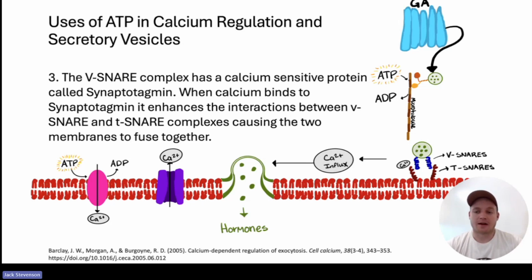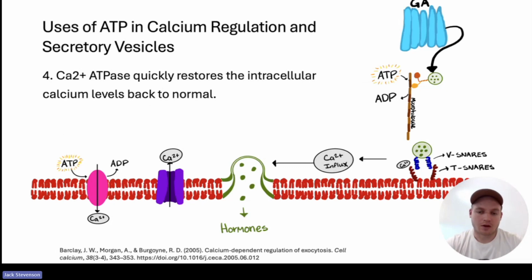When that calcium binds to the synaptotagmin, it helps to bind the v-SNARE to the t-SNARE protein, which pulls the vesicle in closer to the membrane so the two membranes can begin to fuse together. After those membranes fuse together, the hormones can then be released. Following exocytosis, an ATP-powered calcium ATPase restores the intracellular calcium levels back to normal by rapidly pumping the calcium out of the cell.